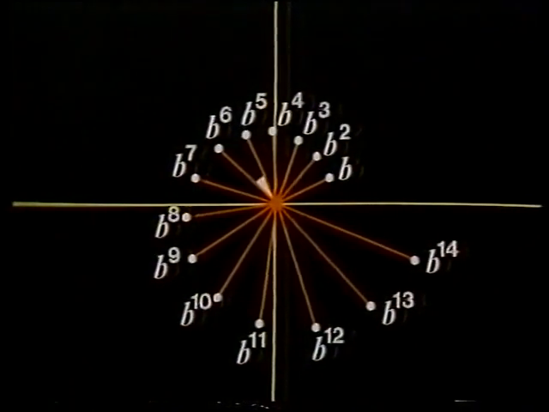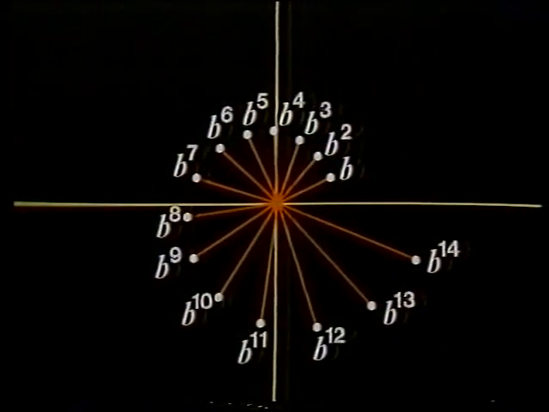These angles are all the same, and the distances grow by the same factor each time. So from this beginning, we get that spiral.